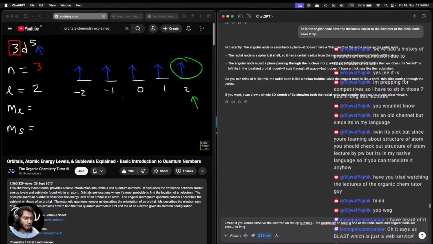So I'm guessing the angular node and radial node have something to do with each other.